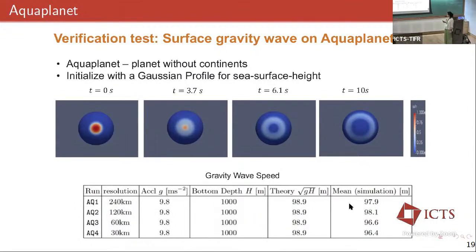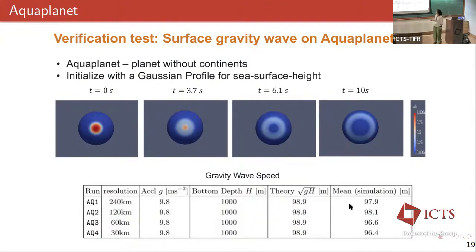But remember, the wave equation is a linear wave equation, while Navier-Stokes is a nonlinear problem. So there is some discrepancy because of that. Otherwise, this agreement is quite close. So we can say that it validates the aquaplanet test case very well.